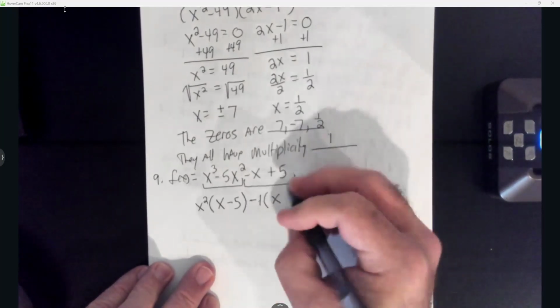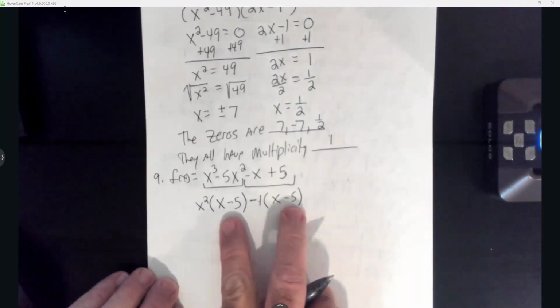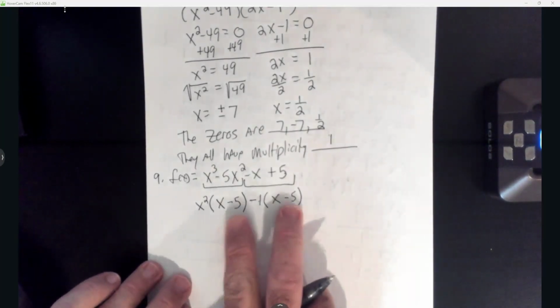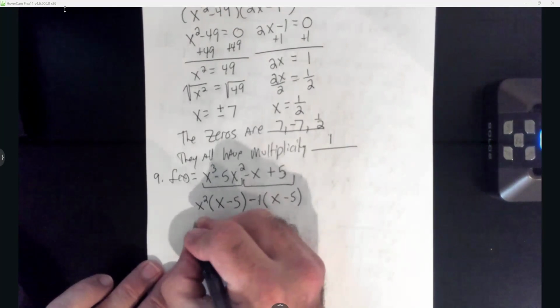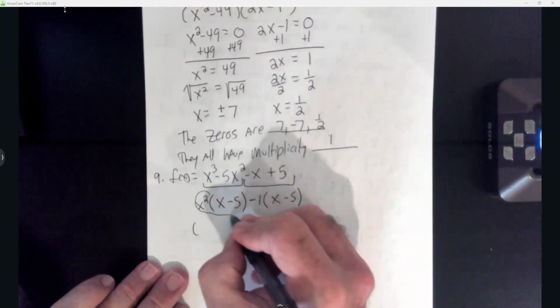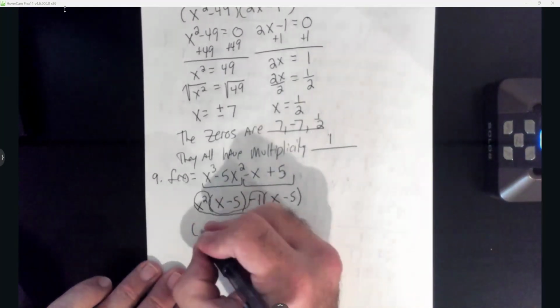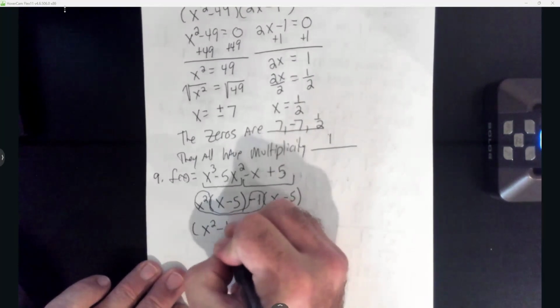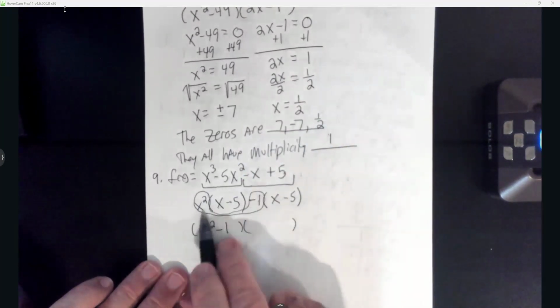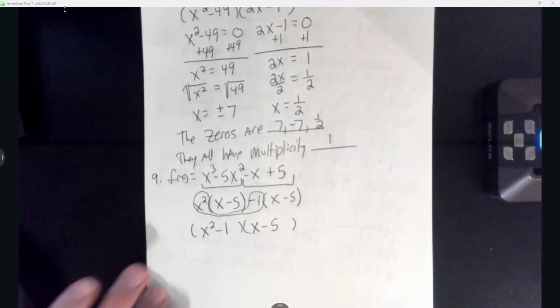Positive divided by negative, make that a -5. So if you notice, they're matching up. So I'm going to put that into 2 sets of parentheses. Remember, the outside stuff goes into 1. That's going to be the x squared minus 1. And then the x minus 5 inside the parentheses gives me my second factor.